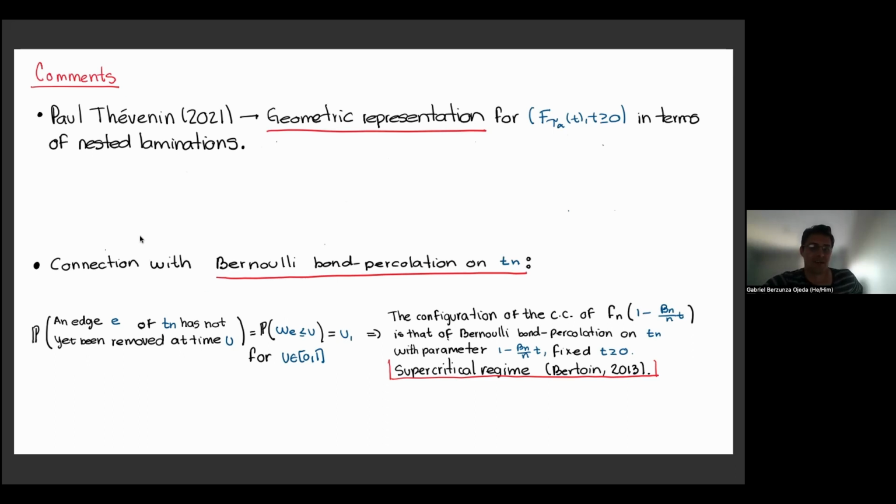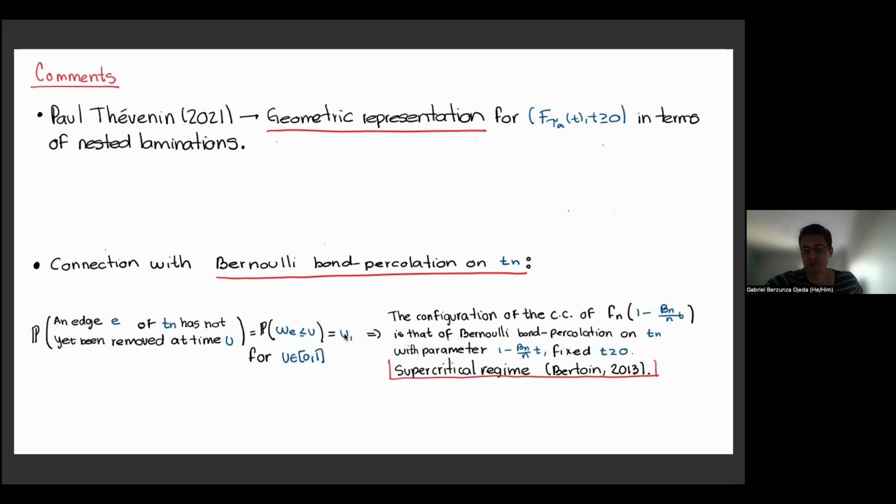My other comment is related to the connection with Bernoulli bond percolation, which motivated this work on the alpha stable Lévy tree. Recall that we equip edges with uniform weights on 0, 1. What is the probability that an edge on the tree has not yet been removed at some time u? It's the probability that the corresponding weight is less than or equal to u, which is the probability of keeping this edge.